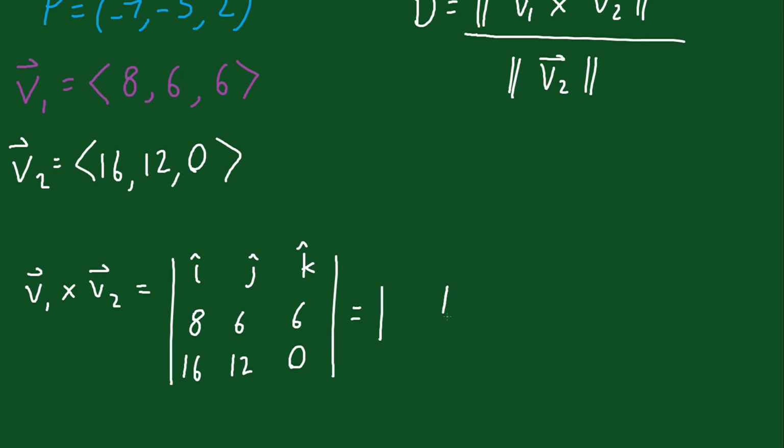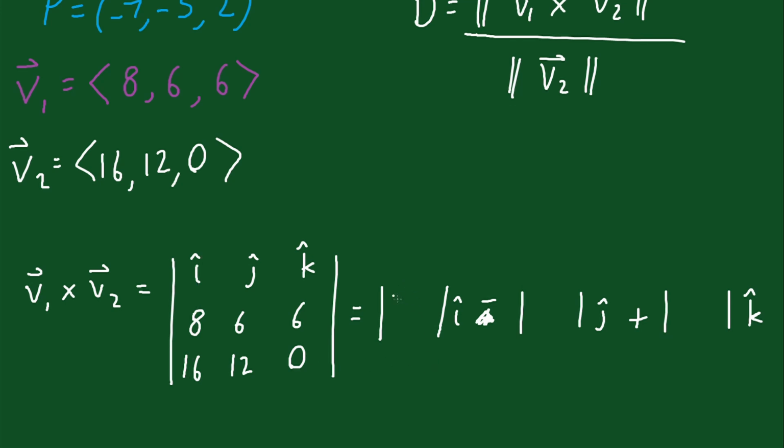We set up our answer like this. A little matrix times i plus a little matrix times j plus a little matrix times k. And sorry, this should actually be minus, not plus, right? We have a positive and then we do a negative and then we do a positive, okay? So first one, we cover this up. We have 6, 6, 12, 0.